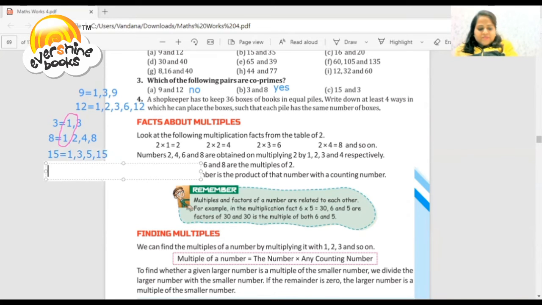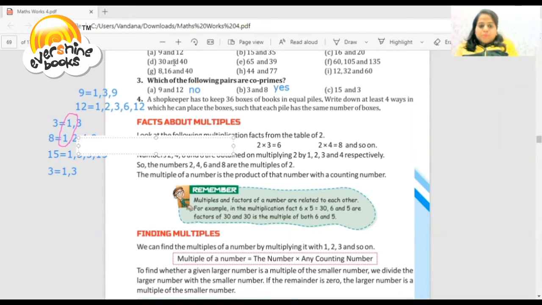Write here number 3 and the factors of 3, 1 and 3. So 1 is a common factor and 3 is also a common factor. But 3 is the greatest one. Here 1 is not the greatest one. So your answer is no. These numbers are not co-primes.